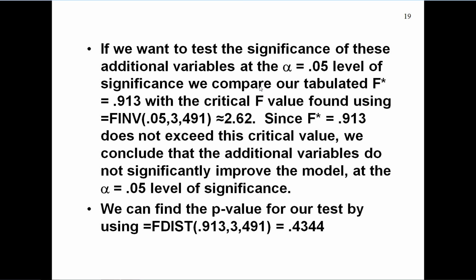And so, in this particular example, we conclude that those three additional variables do not appreciably increase the explanatory power of our model. And so, from a logical standpoint, there's really no need to include them. In fact, if we do include them, their interpretation becomes confounded. It's very confusing to interpret.